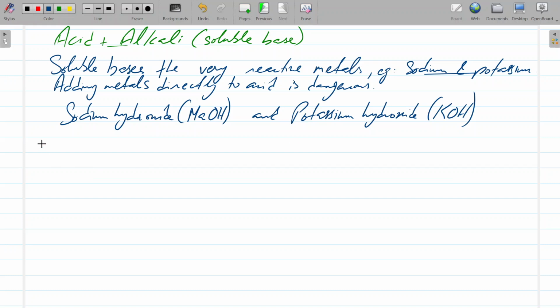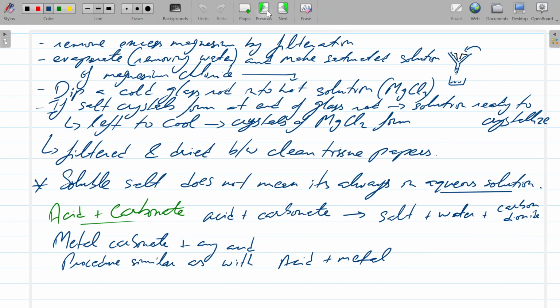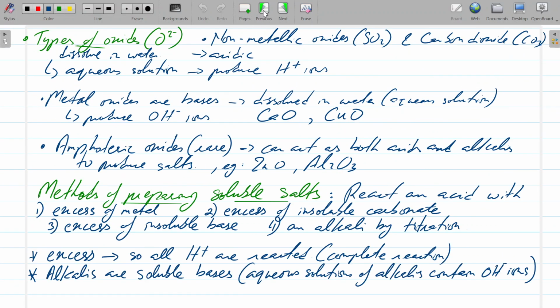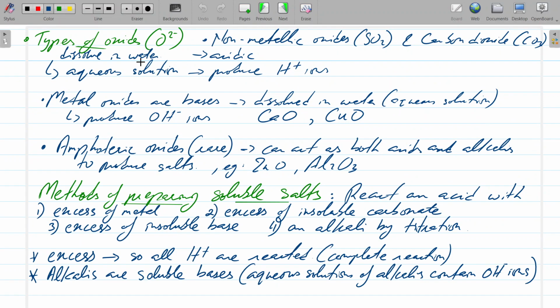Now keep in mind, most metal oxides and hydroxides are insoluble. We talked about that over here, carbonates and hydroxides. We talked about the hydroxides, we talked about the oxides, but we didn't talk about the solubility.